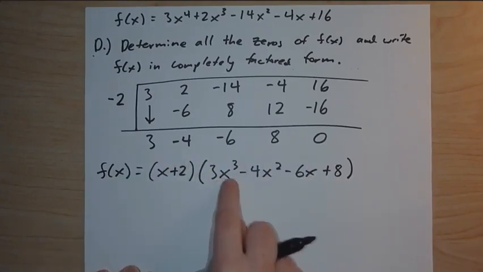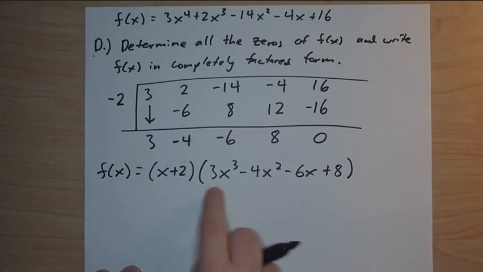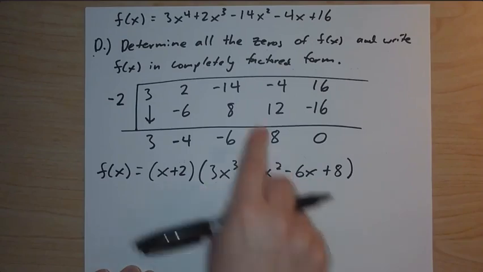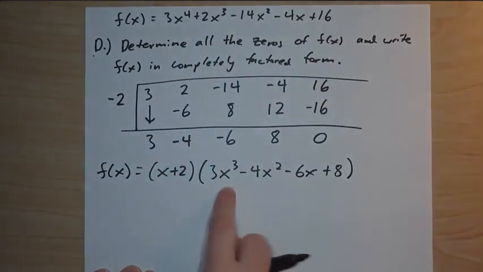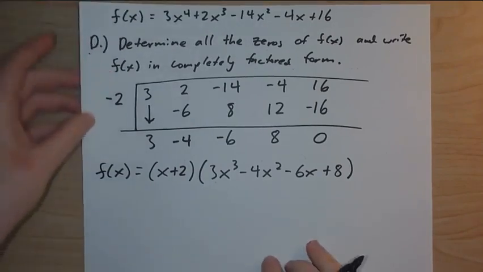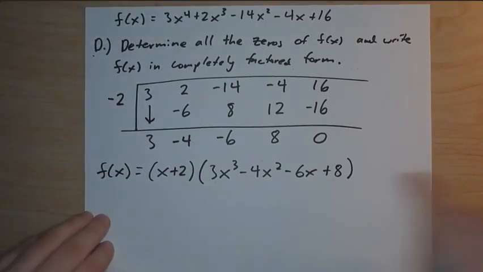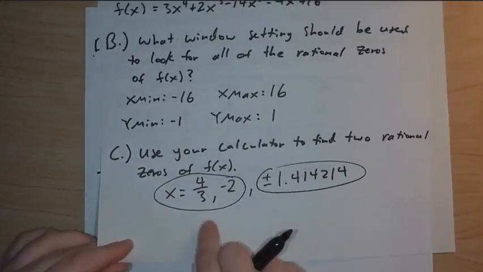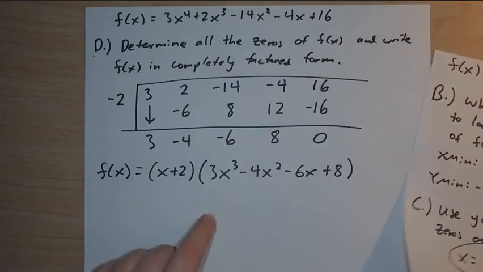So we can actually continuously divide out numbers, zeros. We got x plus 2 times this is the same thing as this, so we can take this and split it up and divide and such and so on. So we're going to take this number and we're going to use our other 0 that we had that was really nice, which was 4/3. And we're going to divide this polynomial here by 4/3.